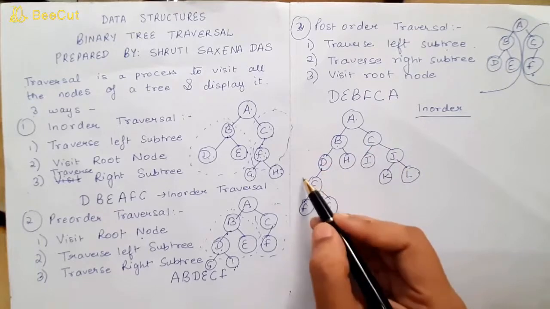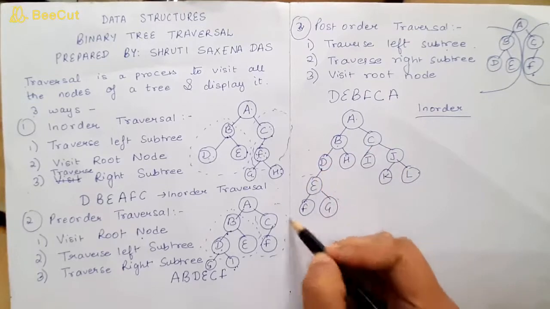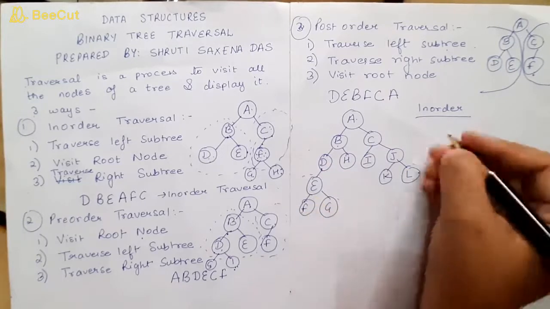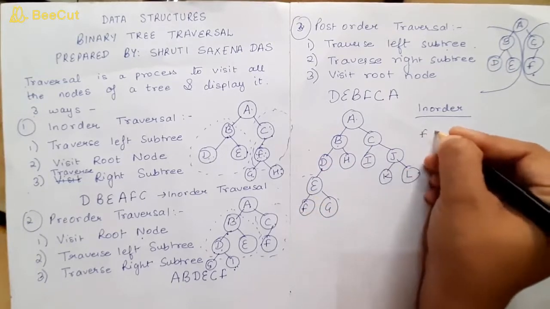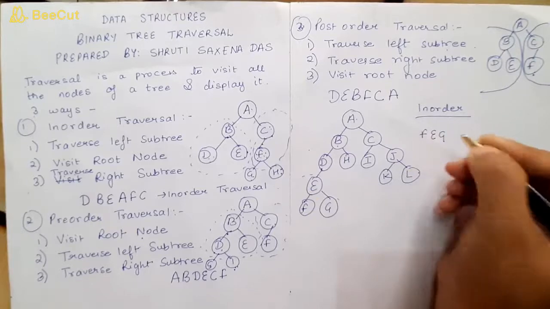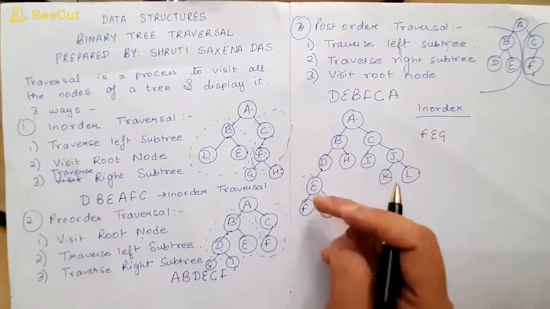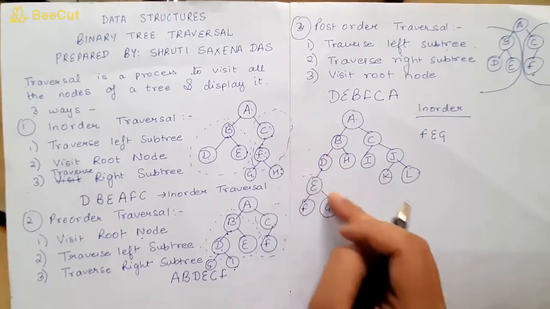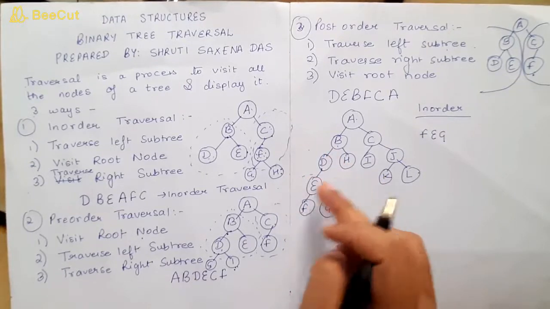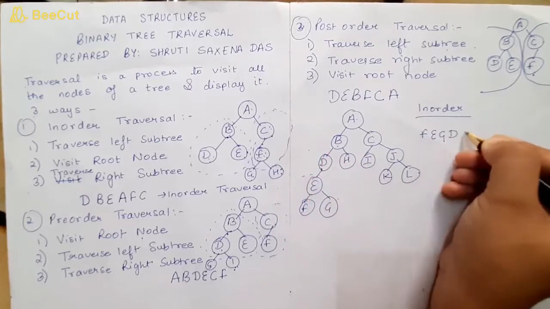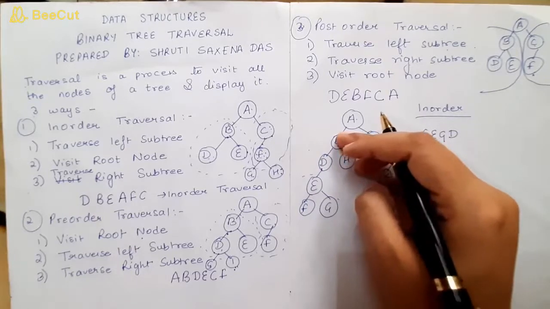For D, the left subtree is this part. Again for this part, the left subtree is F. So F, root, right. Left part is over. Right, we don't have anything. So left, root, which is D. Right part is empty.